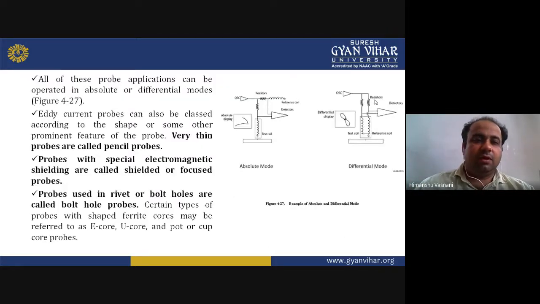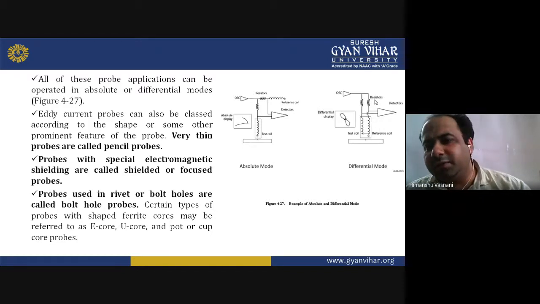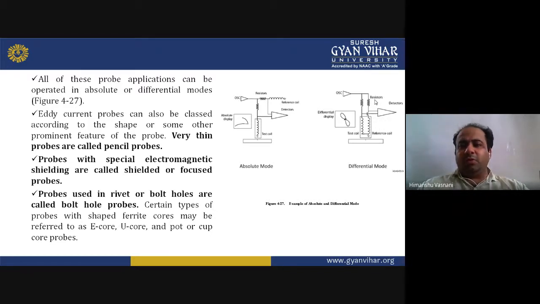All of these probe applications can be operated in absolute or differential modes. You can see two diagrams showing the absolute mode and one showing the differential, with differences in the test coil, the resistors, and the reference coil.